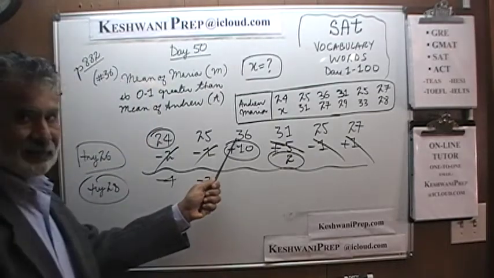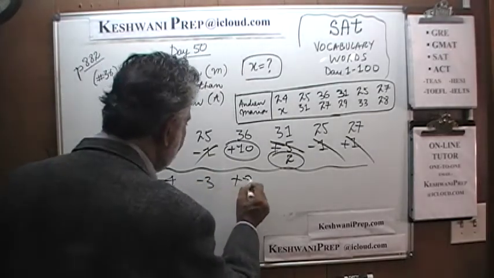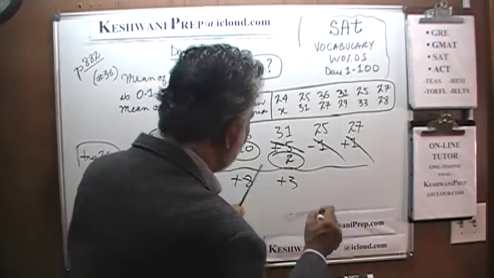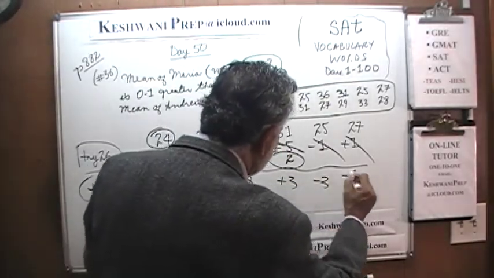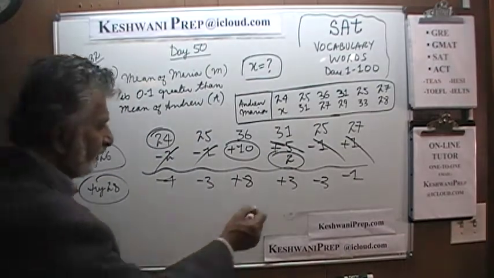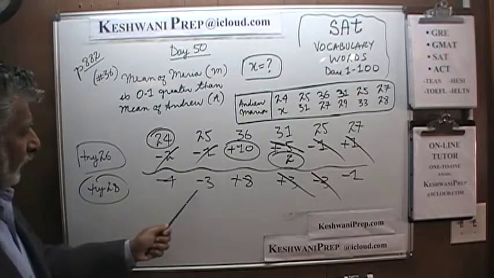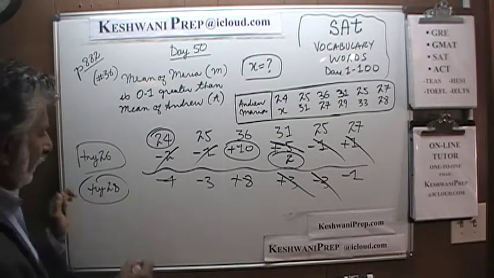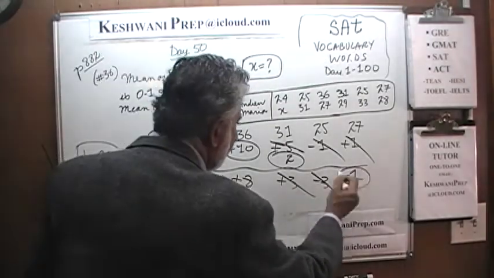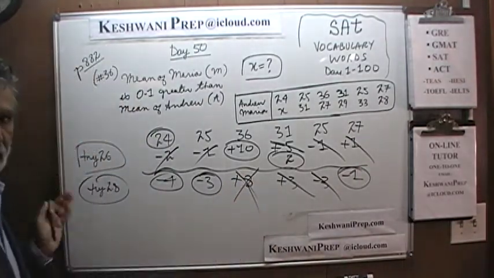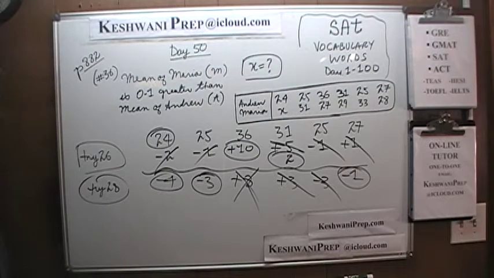This is 8 more than 28. 8 more than 28, that's 3 more. There's a deficit of 3, and there's a deficit of 1. And let's see what happens now. Immediately we see the positive and negative, they cancel out. And then we got a negative 4, a negative 3, and a negative 1, that's negative 8. And a positive 8, they cancel out each other. There is nothing left. That means average is indeed 28.